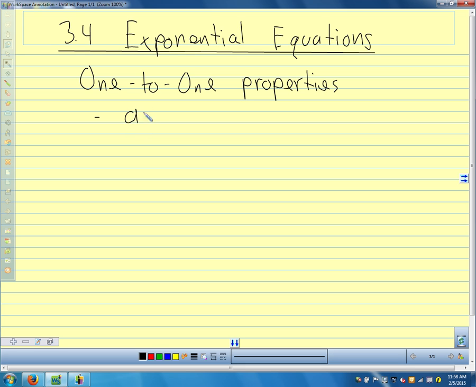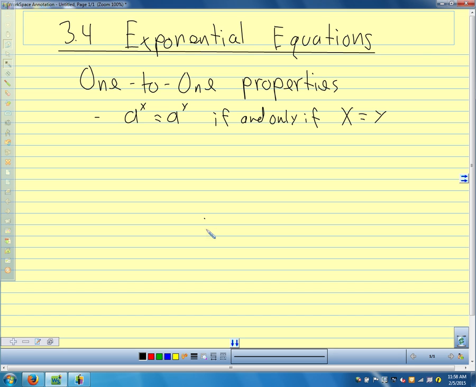So that means a to the x equals a to the y if and only if x equals y. That's what one-to-one means. If we get the same thing out of the function, it means we have to be plugging the same thing in.